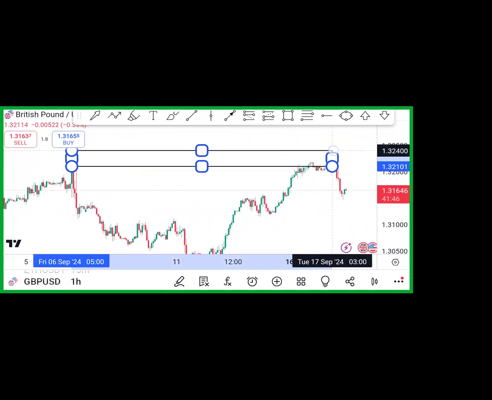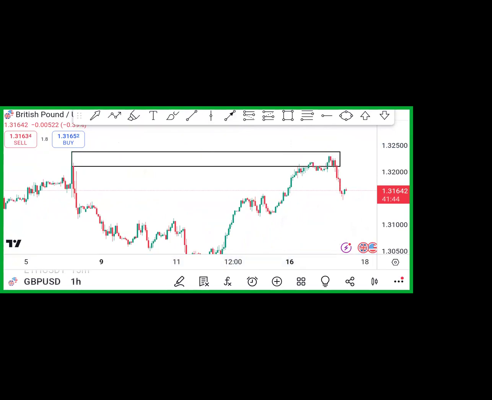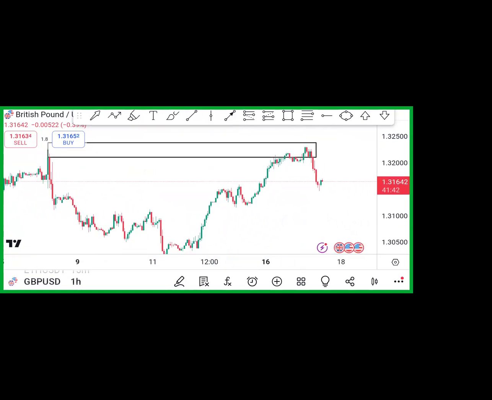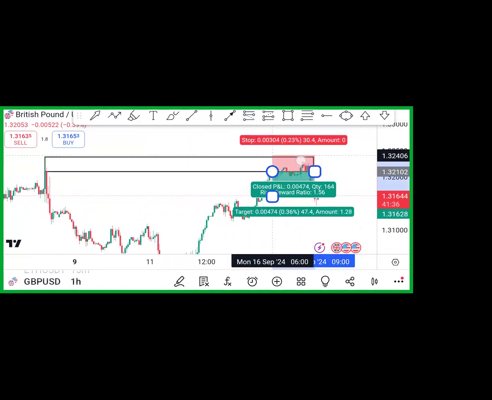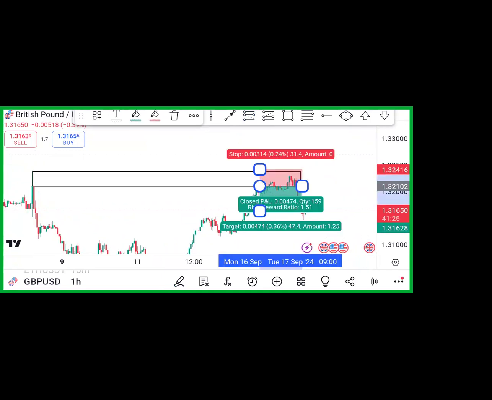And beautifully, I set a signal yesterday, and I was going to short at this level. Let's say a stop loss of about 30 pips, just above the supply level, about 31.4 pips stop loss. I believe you know how to calculate your stop loss.